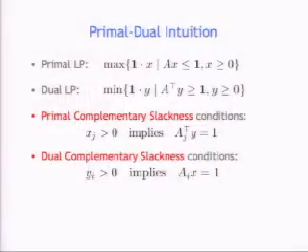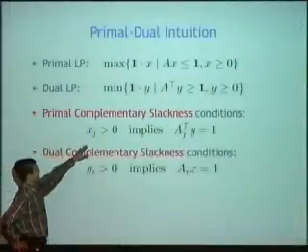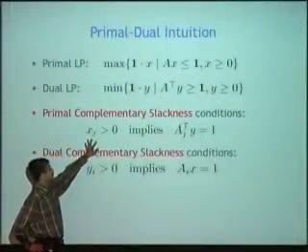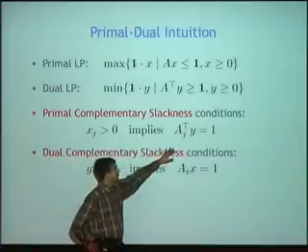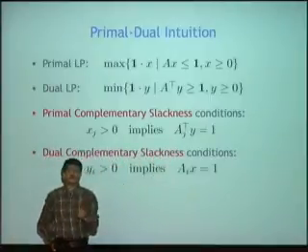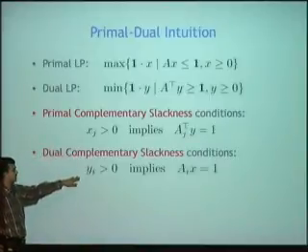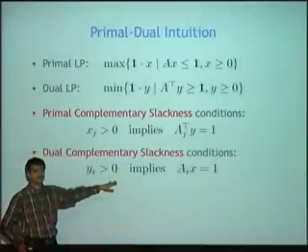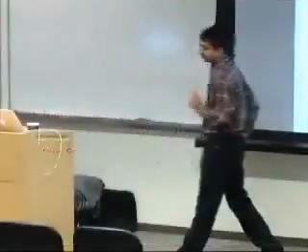Now let's recall primal and dual complementary slackness conditions. So the primal complementary slackness conditions state that if the jth primal variable is positive, then the jth dual constraint is tight. And similarly, dual complementary slackness conditions state that if the ith dual variable is positive, then the ith primal constraint is tight.